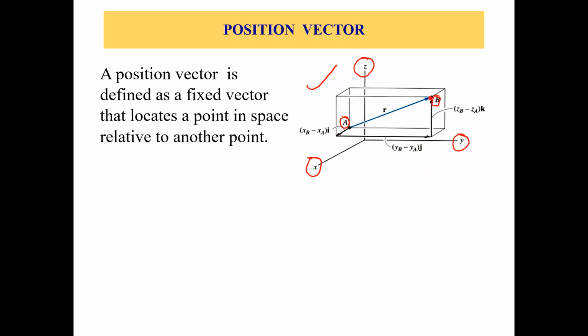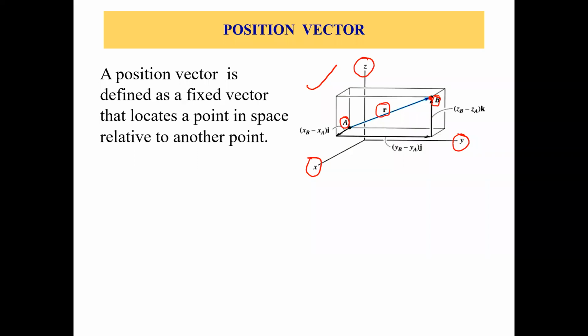Now let's talk about the position vector. This blue line with an arrow gives you the position vector small r. Once we talk about RAB, it means the position vector from point A towards point B. And again, we need to remember that RAB is not equal to RBA.